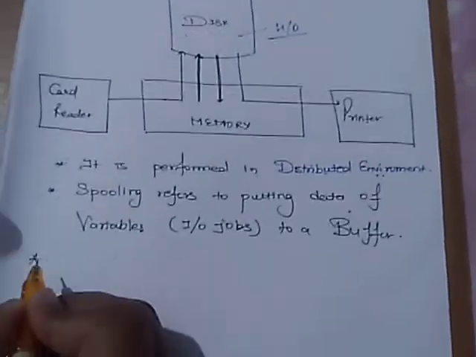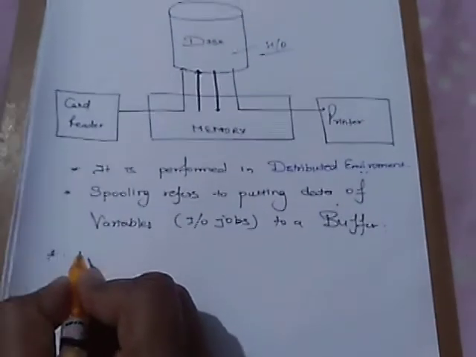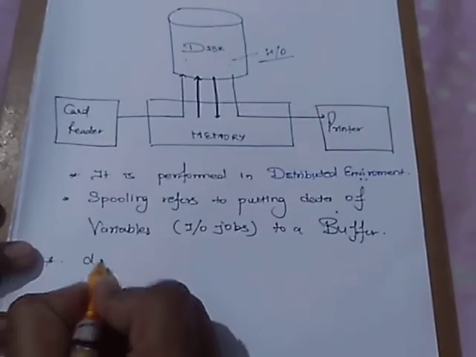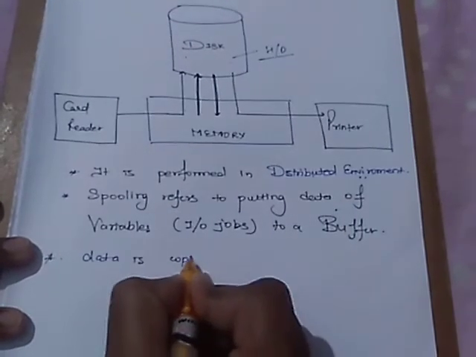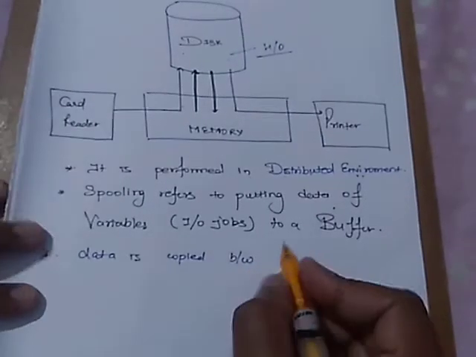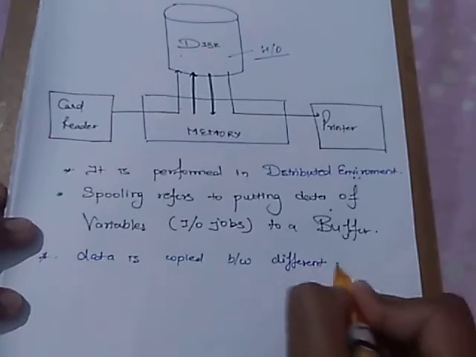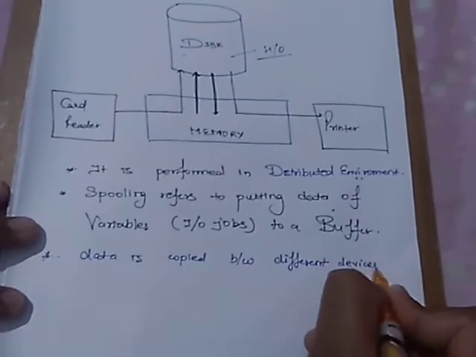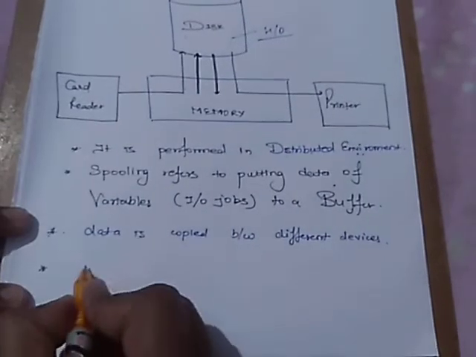Point number 3, spooling is the process by which data is copied between different devices. What is a buffer?